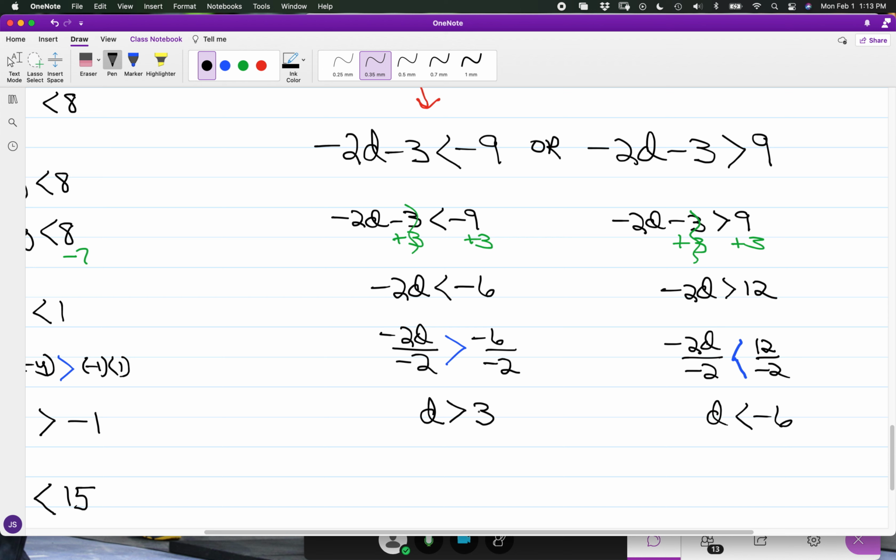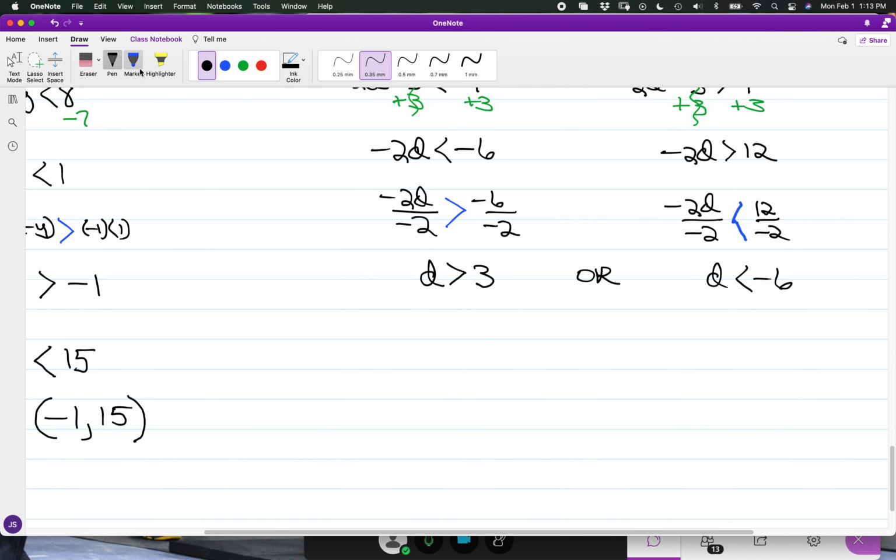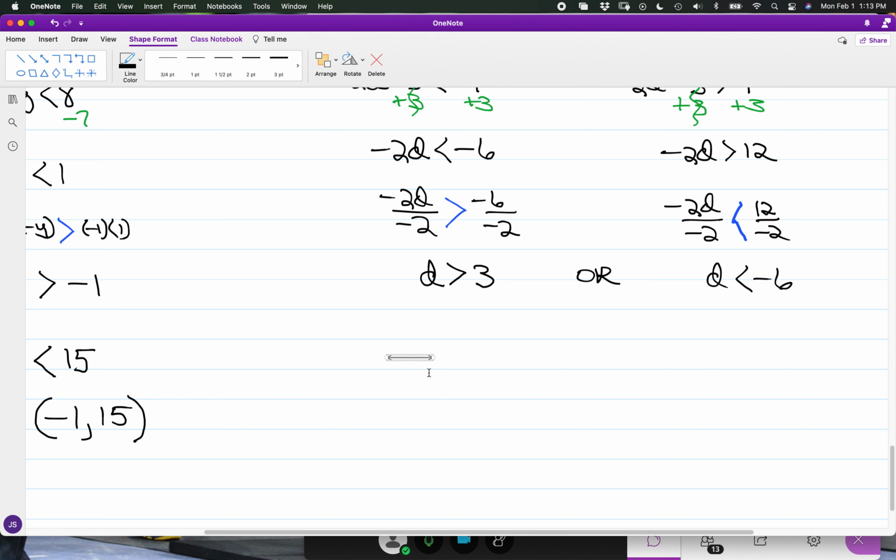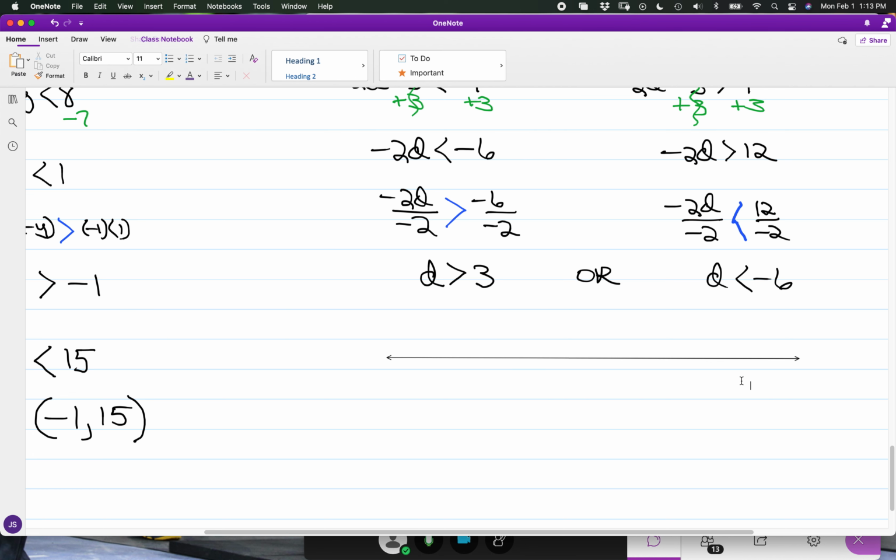So for the outcomes in d, it could be that d is greater than 3, or that d is less than negative 6. And just providing a little bit of a visual layout, say we have the same number line.